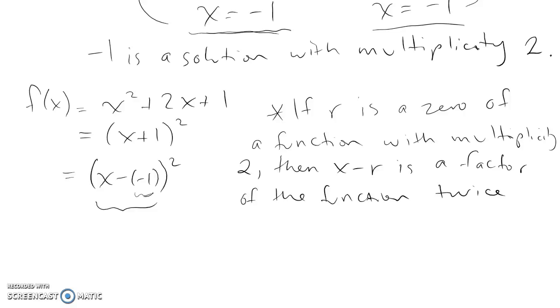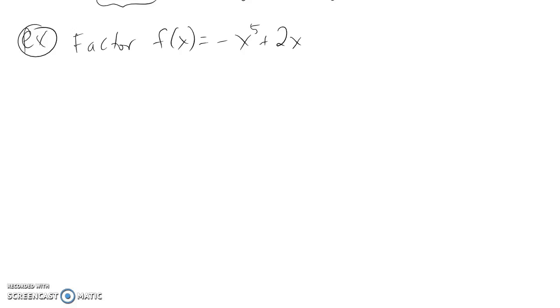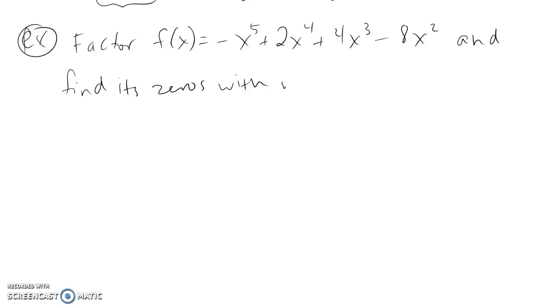Okay, so what we're going to do is take a look at a new polynomial. So this is an example. We're going to factor the polynomial f of x equals minus x to the 5th plus 2x to the 4th plus 4x cubed minus 8x squared, and then find its zeros with multiplicity.